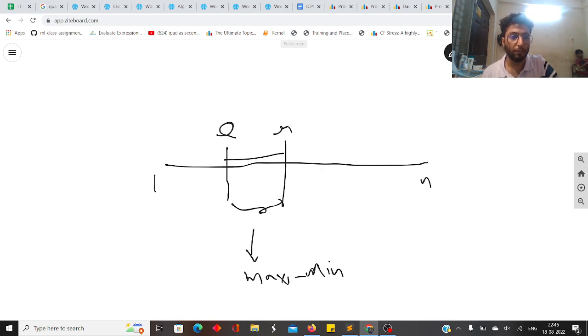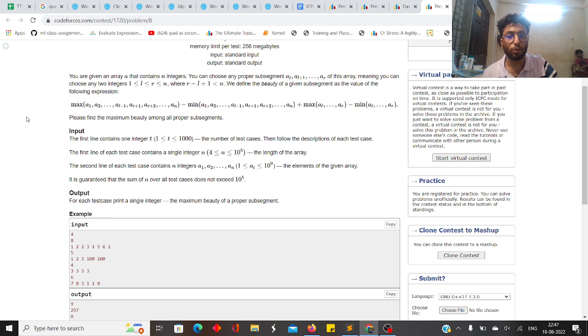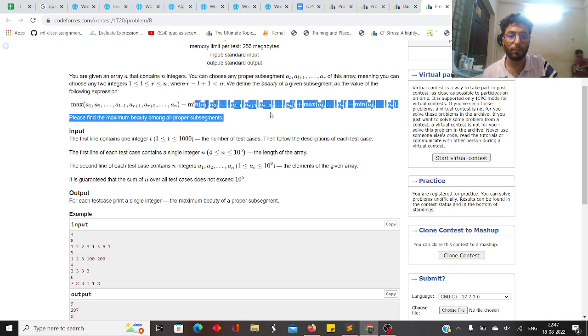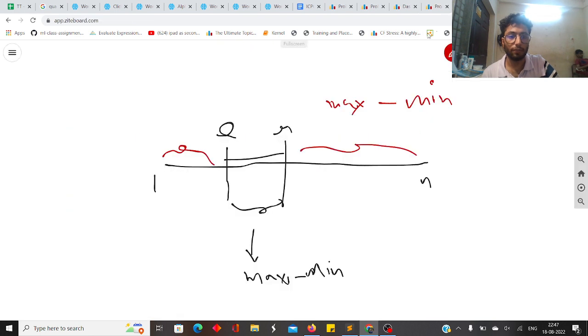And from the remaining range I take the maximum value of the remaining elements and subtract the minimum of the remaining elements. We have to maximize the total sum: the maximum of the range that we are taking minus the minimum of that range, plus the maximum of the excluded range minus the minimum of the excluded range. We have to find the maximum value of this expression.